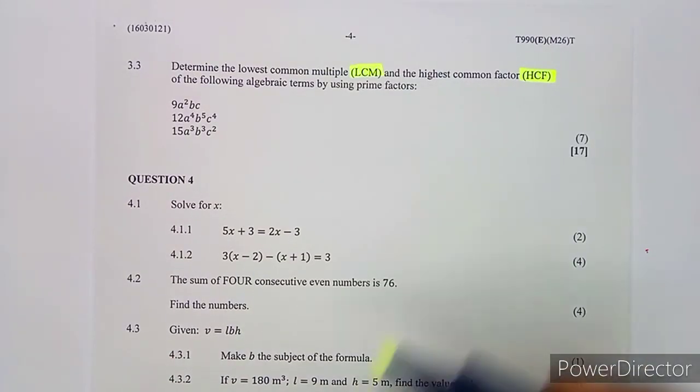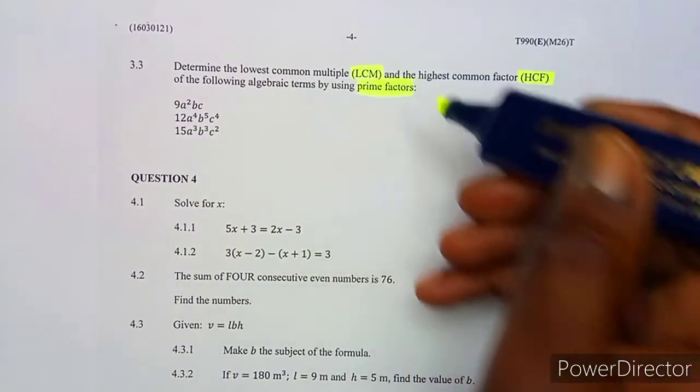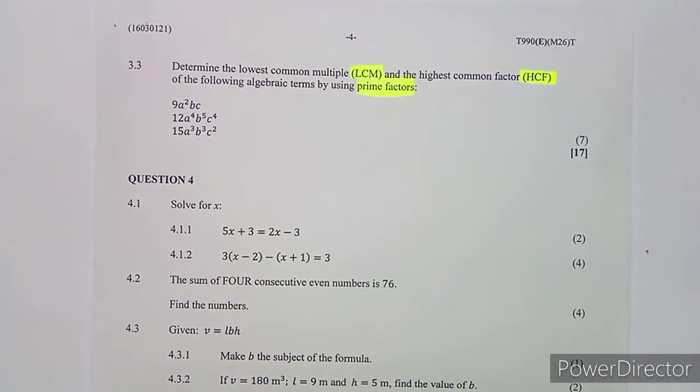Using prime factors, so we're asked to use prime factors in our answers. Okay, so that is what is important in this case. So how are we going to determine the HCF and the LCM using prime factors? Which means we have something to work on.